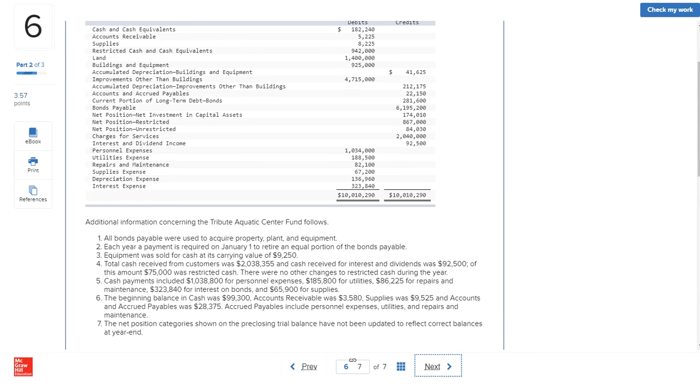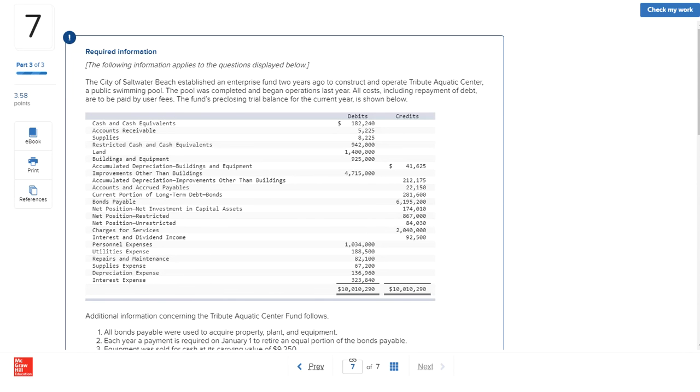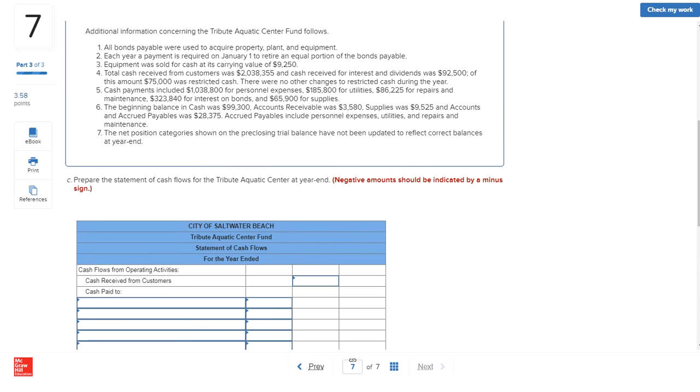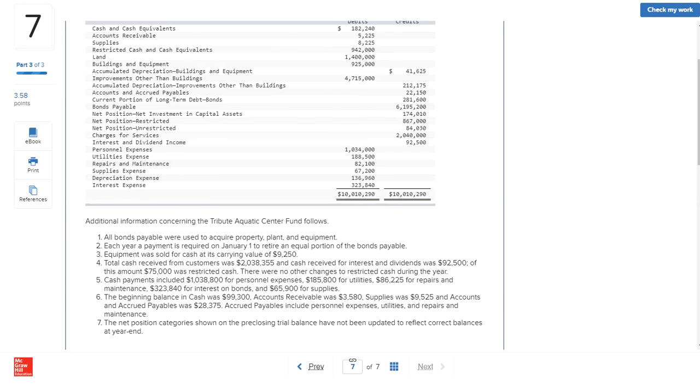And then the last thing you're asked to do is a statement of cash flows. Again, everything's given to you. So you have your cash received from customers. Now you're going to need some of this information down here to help you calculate that.